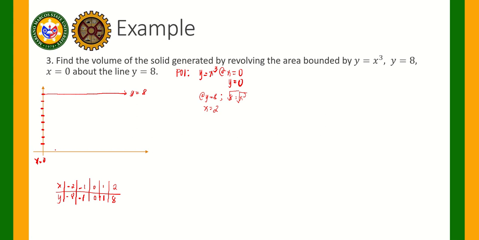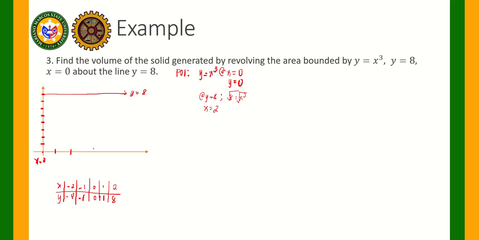So, for example, this is our 1, this is our 2, and this is our 0. Okay, so yung graph natin would look like this one. This is our x equal to 2.